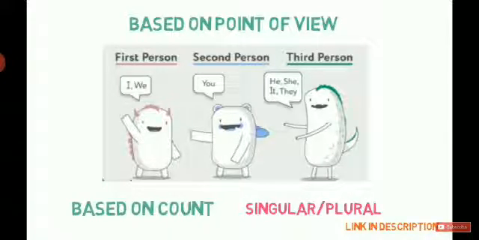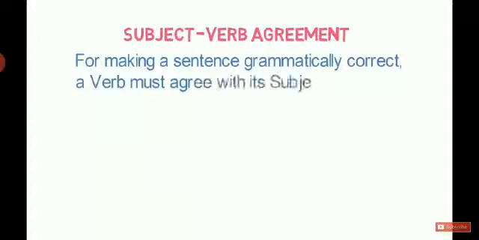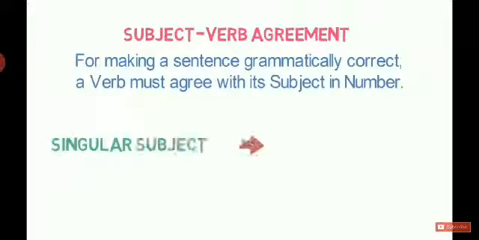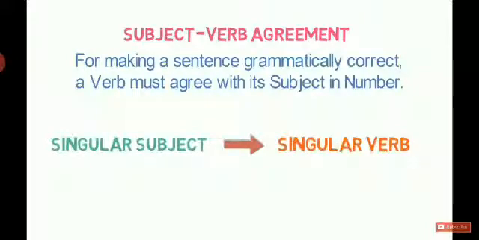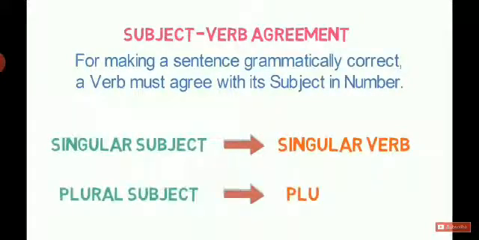Now come to the topic. Our today's topic is subject verb agreement. Clear? Move further. For making a sentence grammatically correct, a verb must agree with its subject in number. For example, a singular subject must have a singular verb and a plural subject must have a plural verb.